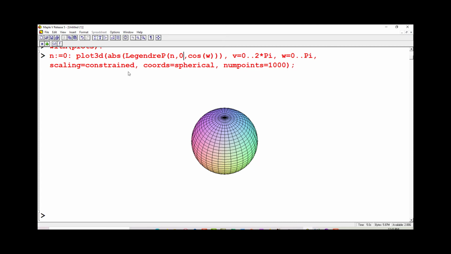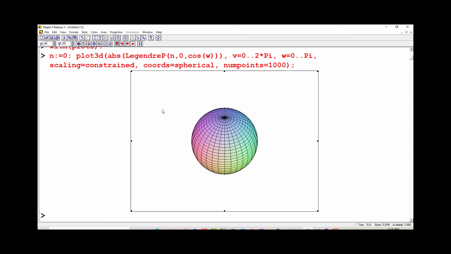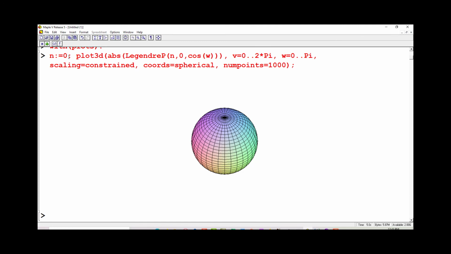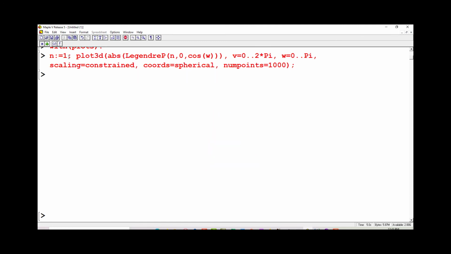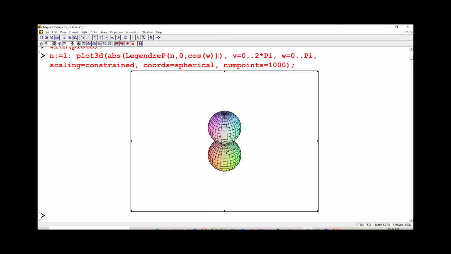So as you can see, when n is equal to 0, we get this sphere. What happens if we choose n equal to 1? It looks like two spheres, one on top of the other.